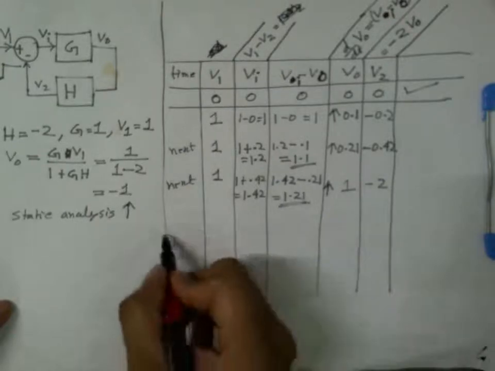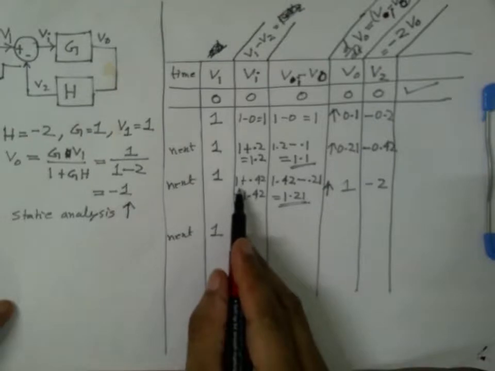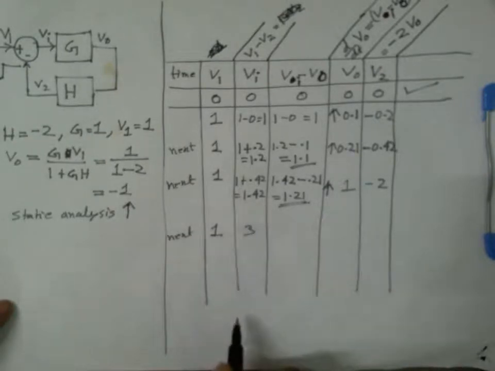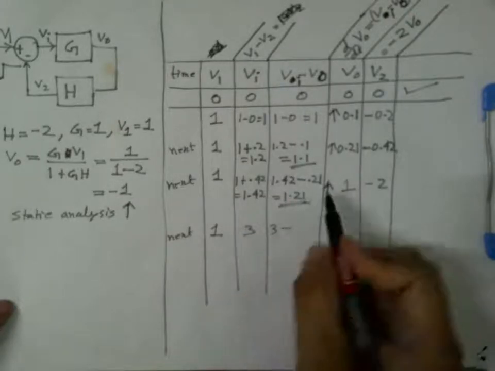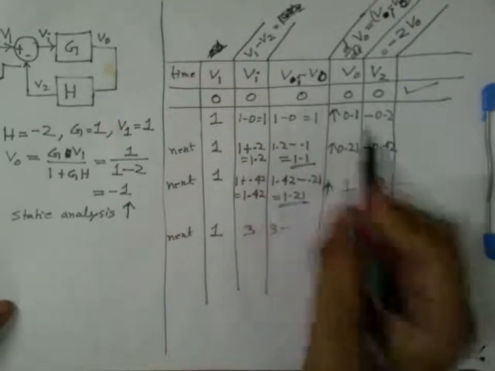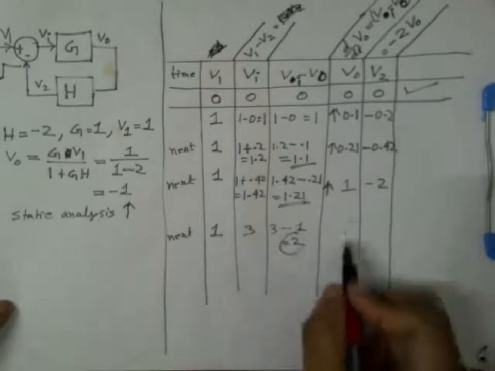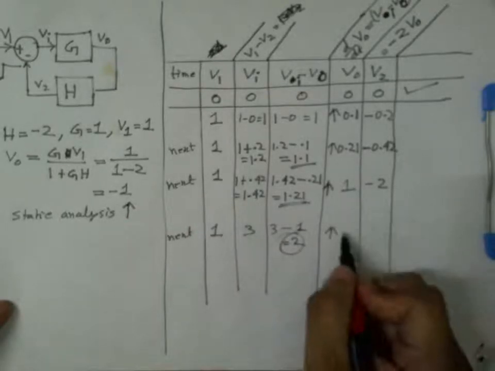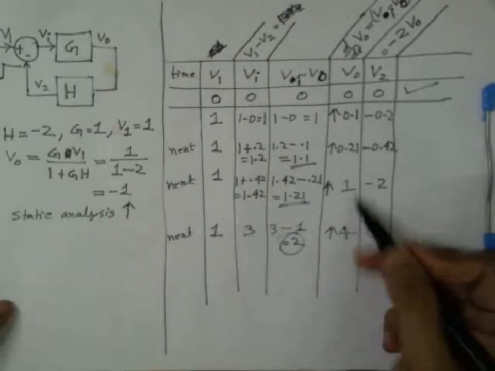And then next step, this is still 1, then we have 1 minus minus 2, this will become 3. Now you see that this is 3 minus V0, which is 1, so this is equal to 2. So this is even larger, so this will grow even further, maybe it will go to 3, 4 or something, and it will keep increasing this way.